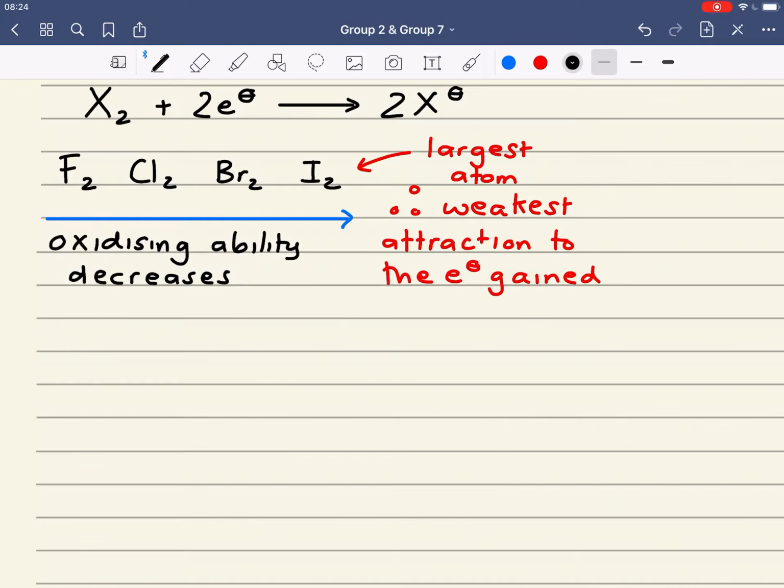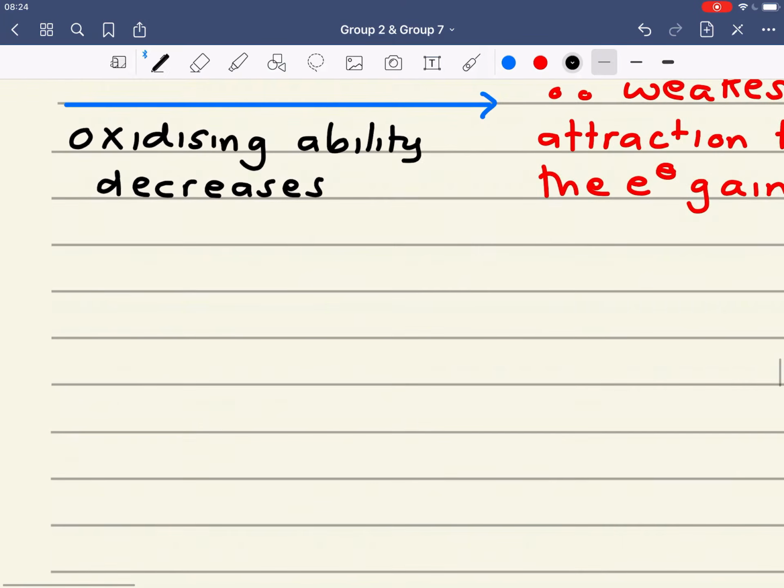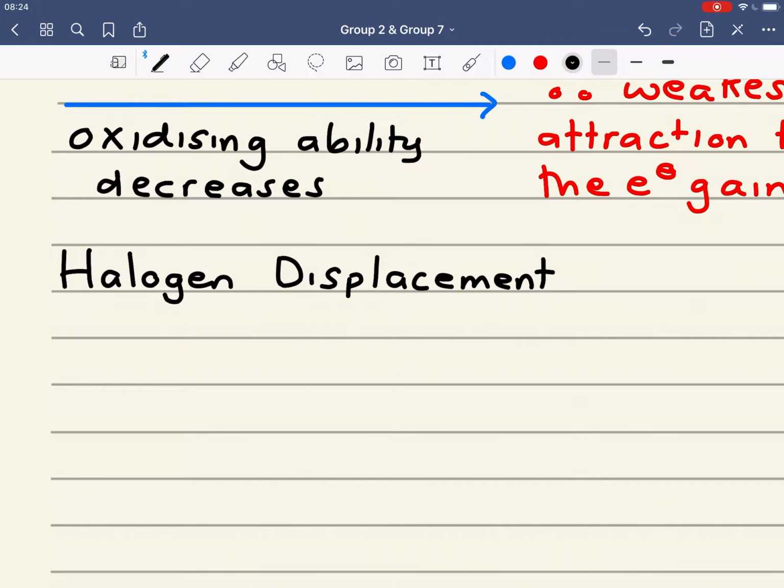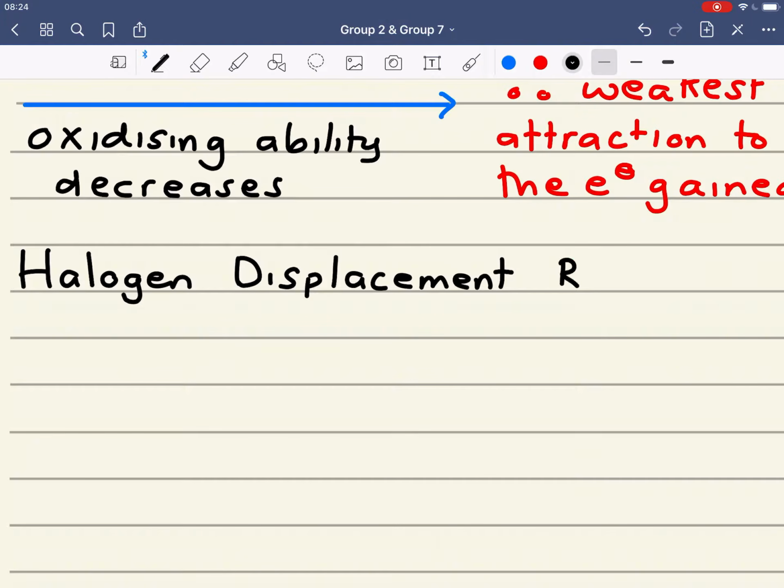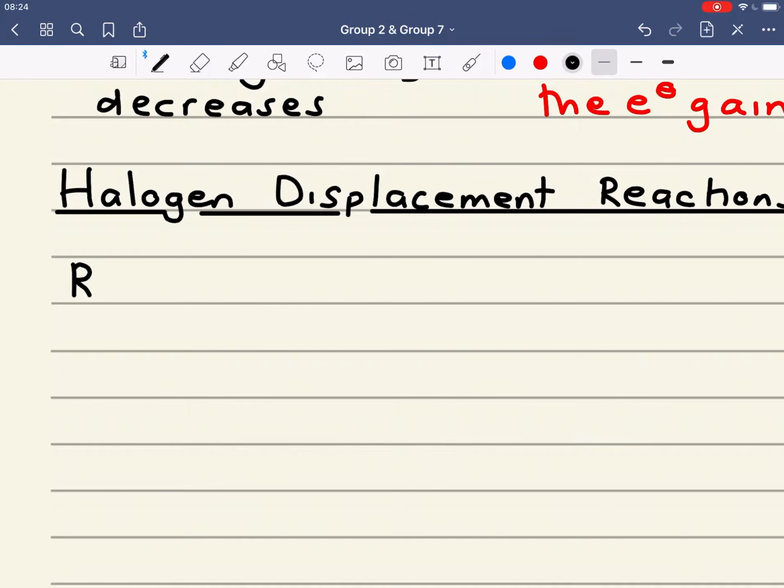This trend can be explained by looking at something called halogen displacement reactions. And with a halogen displacement reaction, what we do is we react a halogen with a halide ion.